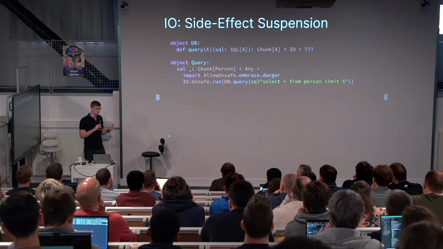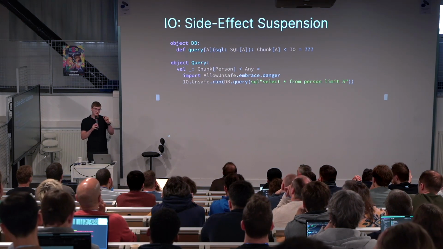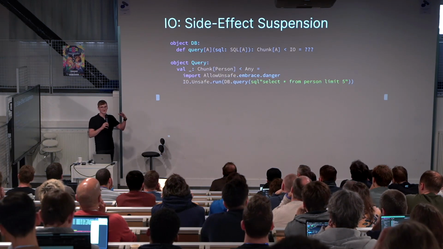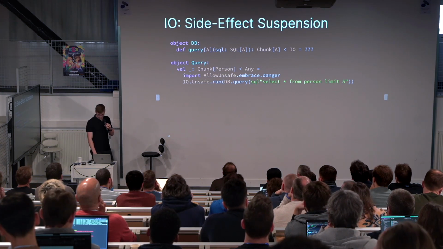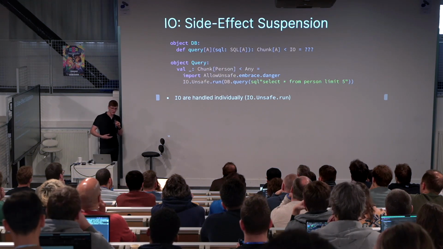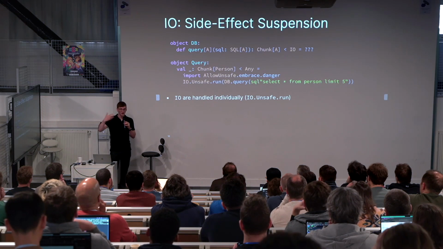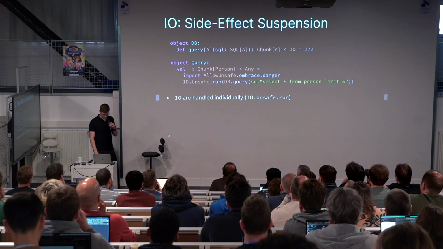It provides no additional functionality, but it enables you to specifically label all of your side effects. In other effect systems, everything elevates to IO, and I don't think that's necessary in Kio. So let's see here. You can handle IO individually, but for the most part, you're probably going to build your application, put it all together, and not actually run it. Your main app will run it. But of course, you can use the unsafe run.